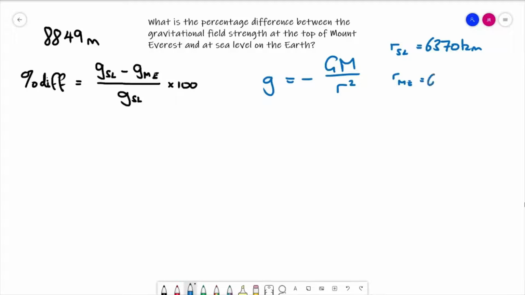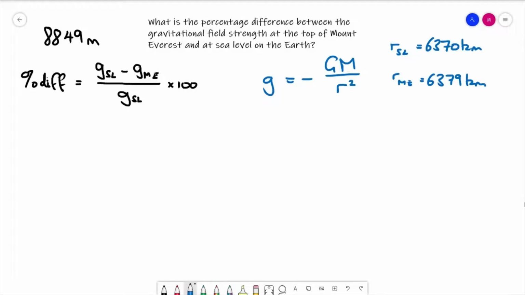Probably the easiest way of doing it is just to round it and call it 9 kilometres, and therefore the height above at least the centre of mass of the Earth would be 6,379 kilometres.